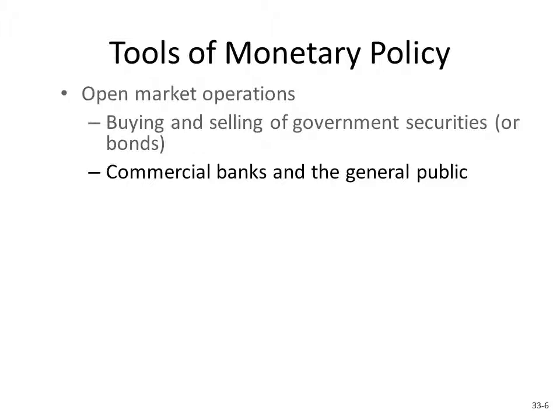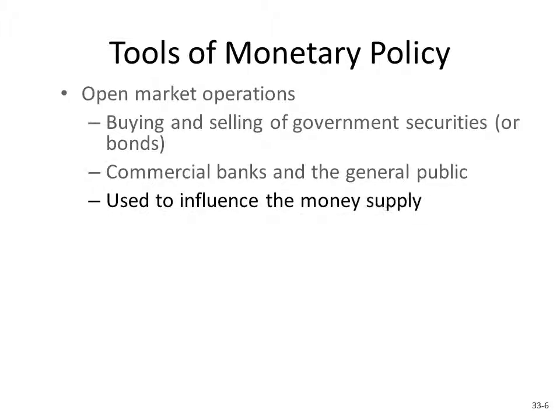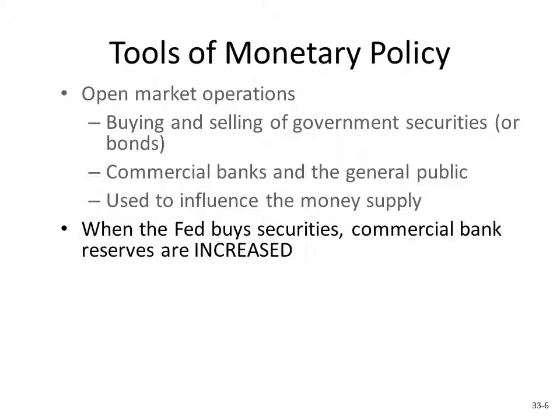Well, commercial banks and the public are who the Federal Reserve operates with when we talk about open market operations. It's highly effective at influencing the supply of money, and it has a quite immediate impact on the amount of money in circulation. So open market operations is the most widely utilized tool of the Federal Reserve.